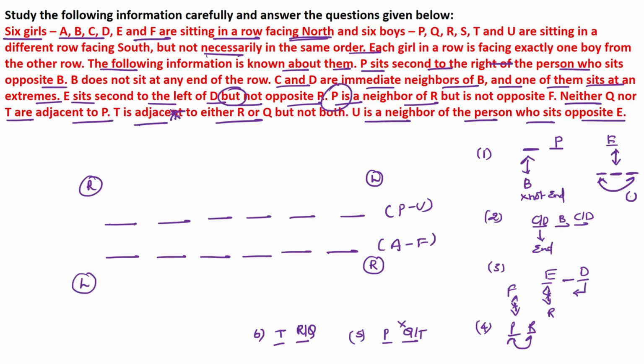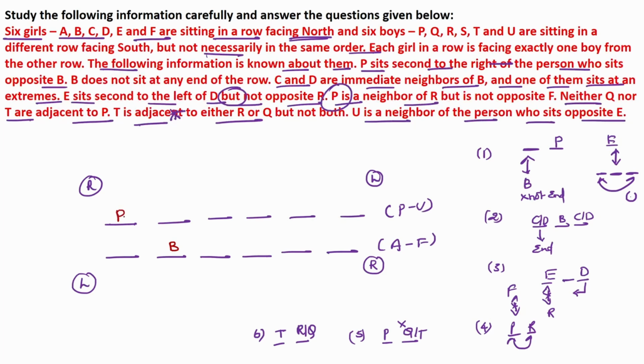Guys, you already know that either C or D is an immediate neighbor of B. For example, if I place B here, as per the data, we have to place one person at second right.